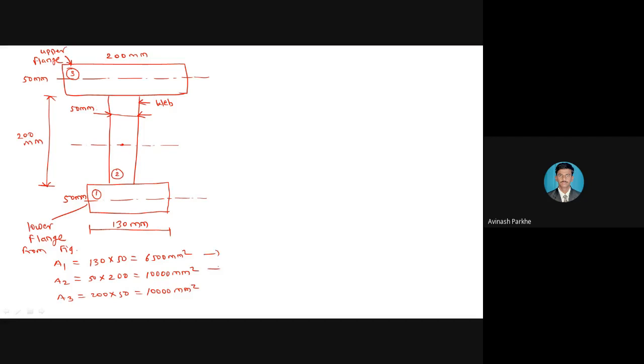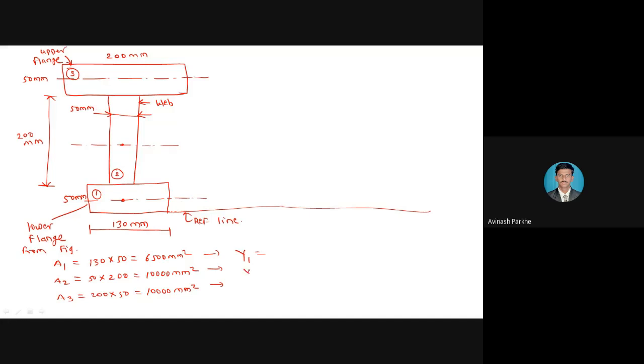So A1, A2, A3 we have calculated. Now, corresponding to A1, A2, A3, calculate the Y1 distance. For the Y1 calculation, this is your reference line, just for our understanding. The CG of section number 1 is concentrated at the center of section number 1.